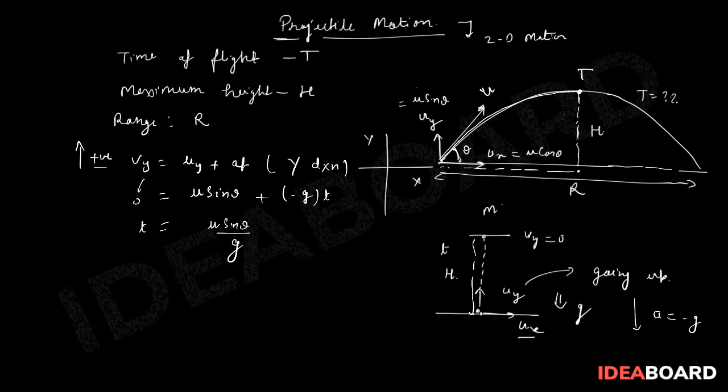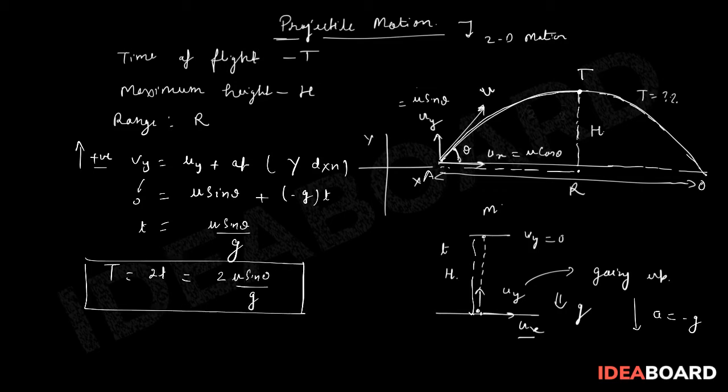So the total time will be 2 times t, because it will take the same time in coming down to the point. Suppose this initial point was A, so that would be 2 into u sin theta by g. So we obtained the formula for time of flight, which is 2u sin theta by g.